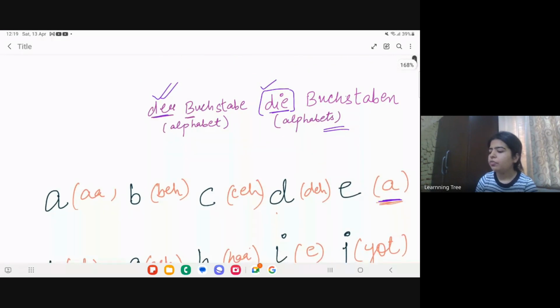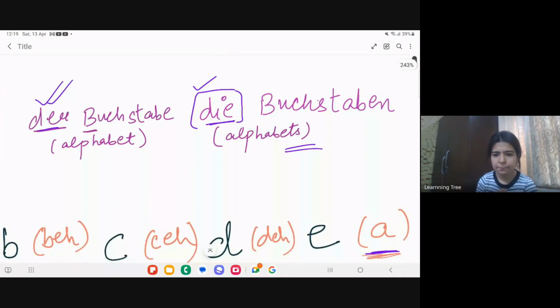Okay, now alphabet in German is called der Buchstabe, right? Now, can you tell me that if a noun is having article der, that means it is with which gender?